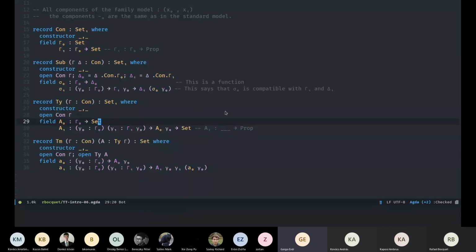So A1 is going to be a subset of the restriction of A0 to gamma 1. So A0 is a family over gamma 0, and A1 is a subset of the restriction of A0 to gamma 1. Okay, cool.